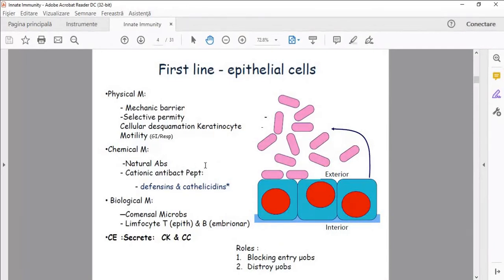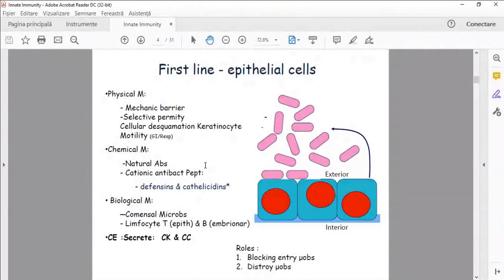Also, at this level, we can find enzymes which are able to destroy the pathogens. For example, there are enzymes which are able to destroy RNA, called RNases, and also DNases. And also at the dermal level, we can find cryptidins, which are enzymes too.